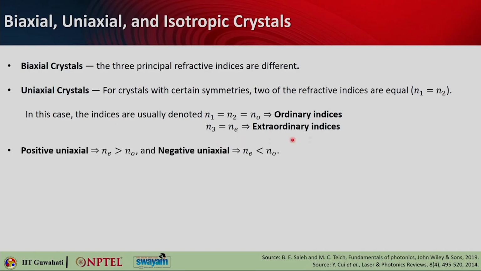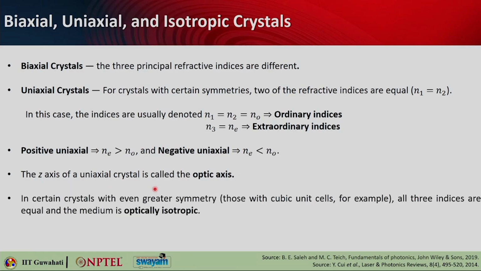You can call the crystal a positive uniaxial crystal when the extraordinary refractive index is larger than the ordinary refractive index, and negative if it is the other way around, that is, n_e is less than n_o. The z axis of the uniaxial crystal is called the optic axis.